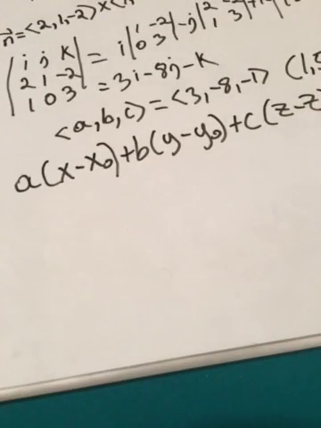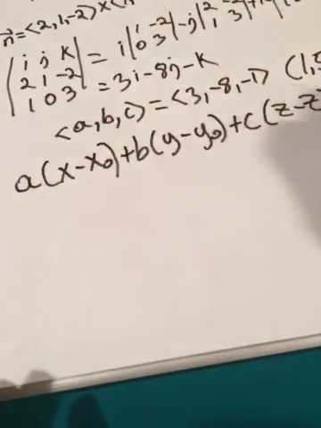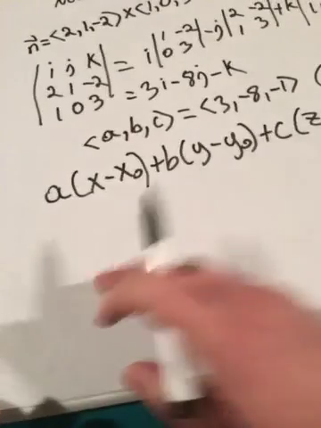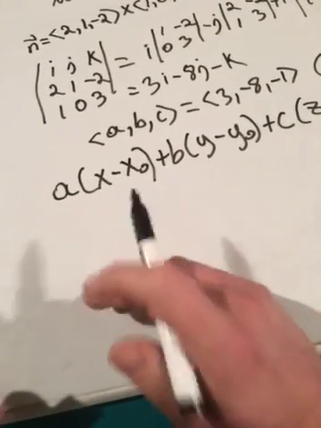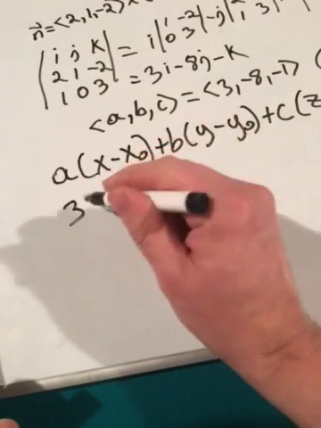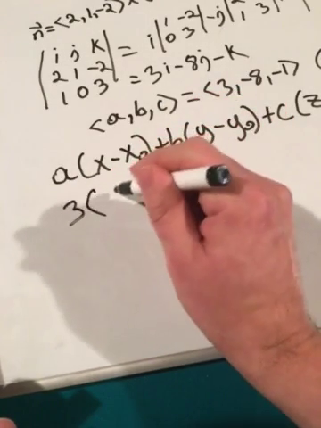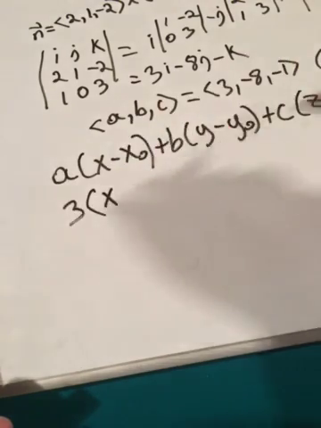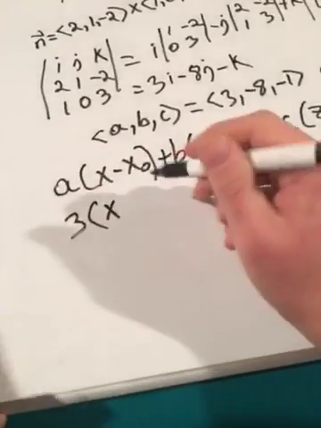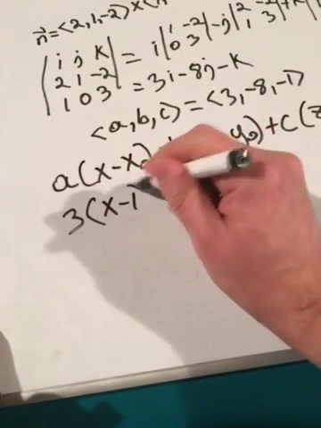All we had to do was take our cross product to get our vector. We already had our point, so we just plug into this equation. Well, a is 3, so we have 3 times x minus our x naught. Our x is 1, so it's 3 times x minus 1.